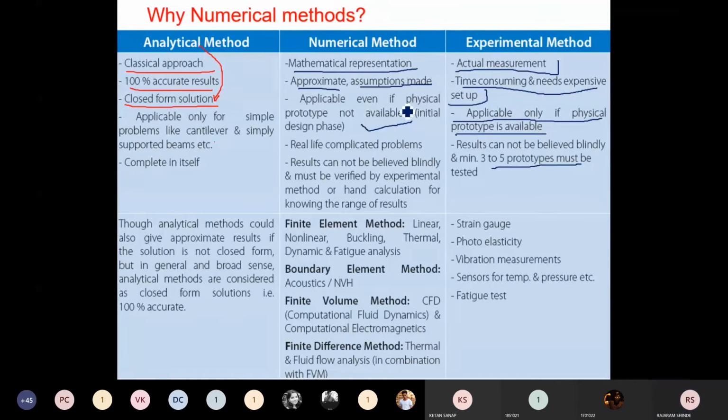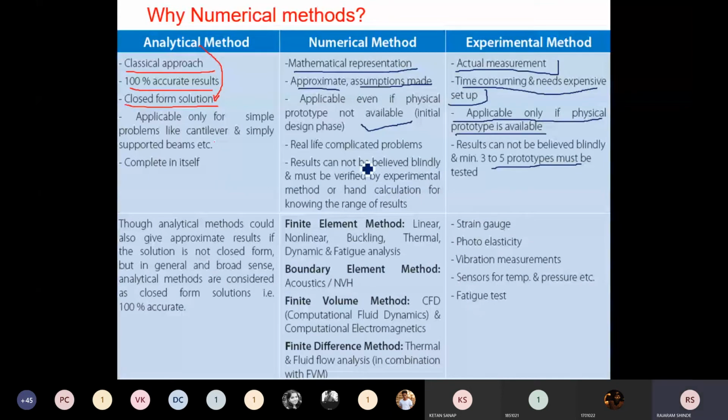Now here in this method, real life complicated problems can be handled. But the results cannot be believed blindly. We must verify with the experimental method. Why do we have to verify the results with the experimental or analytical method?